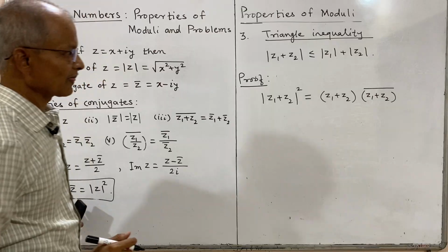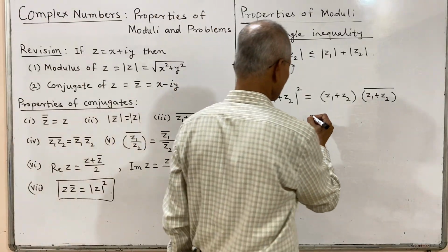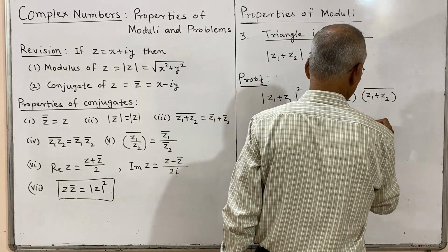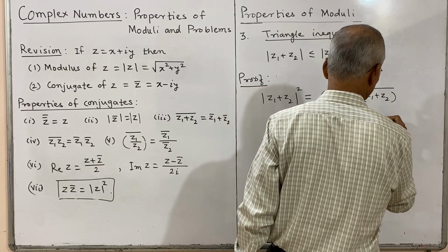This is equal to z1 plus z2 into the conjugate of z1 plus z2 by this property, and this further is written as z1 plus z2 into the conjugate of z1 plus the conjugate of z2.